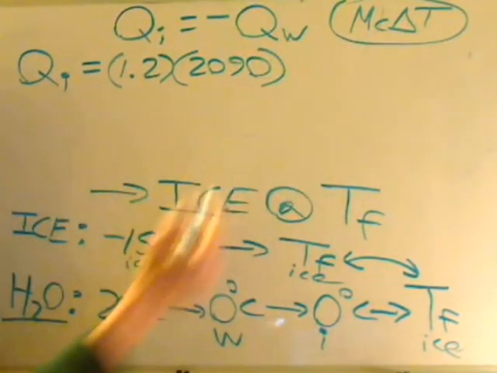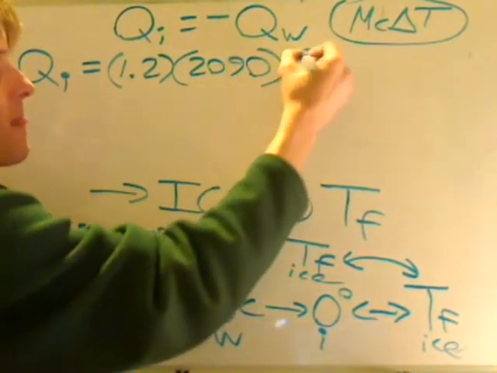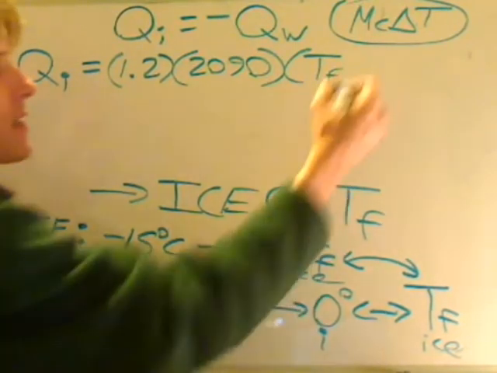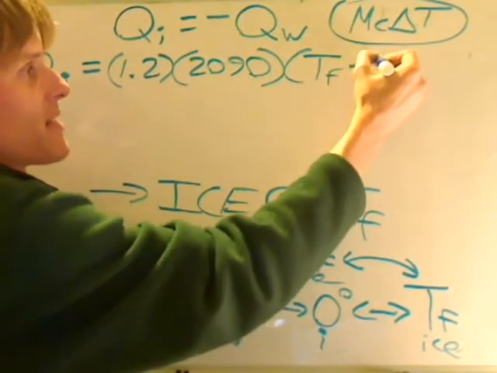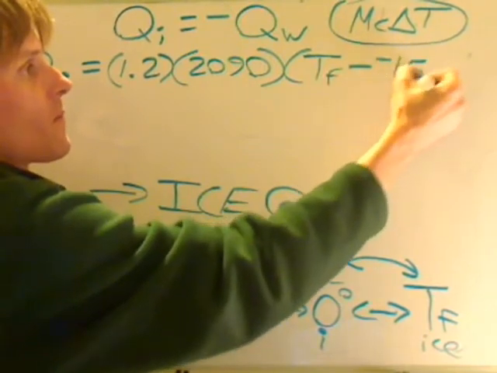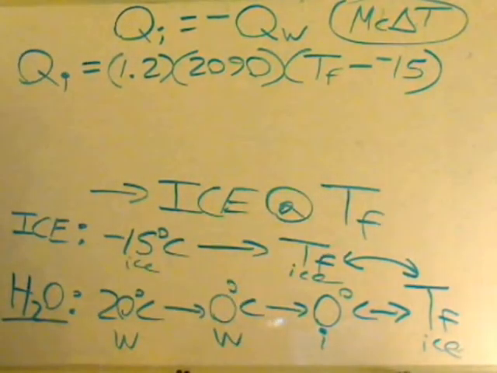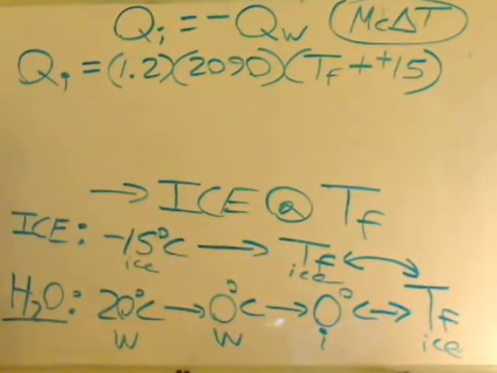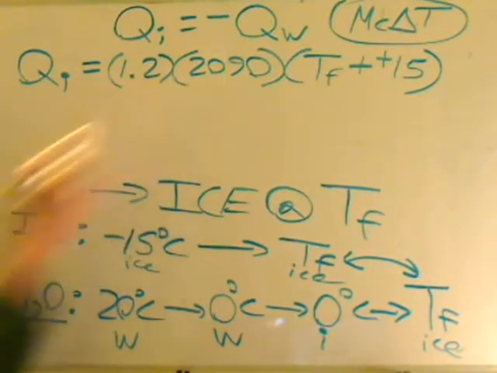And now we need delta T, which is final temperature minus the initial temperature. The initial temperature of that sample is negative 15. So T final minus negative 15 becomes plus 15 there. So there's Q for the ice.